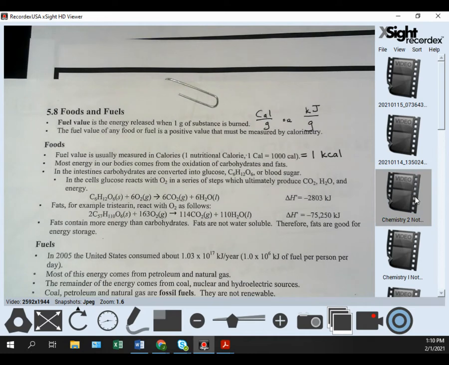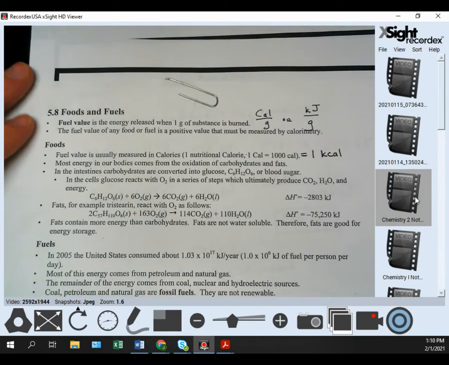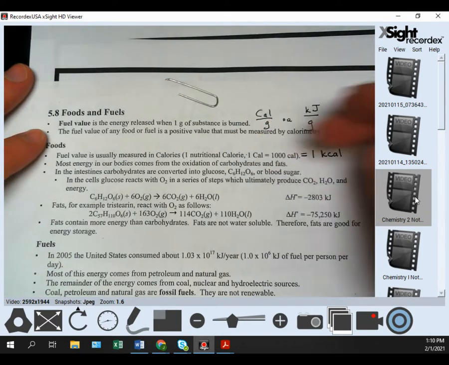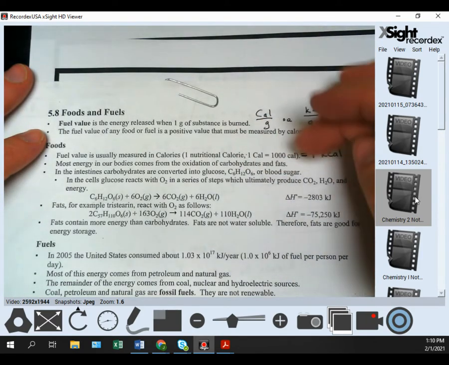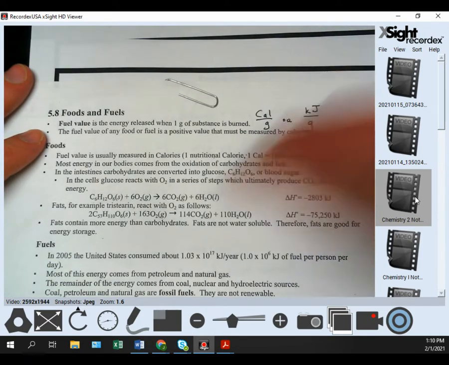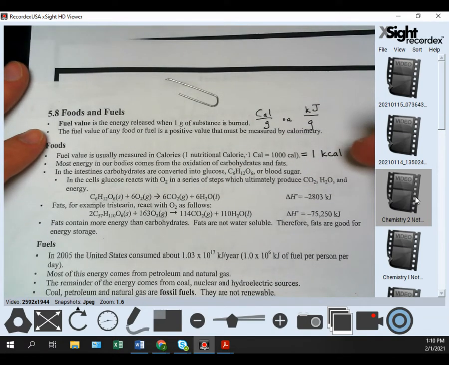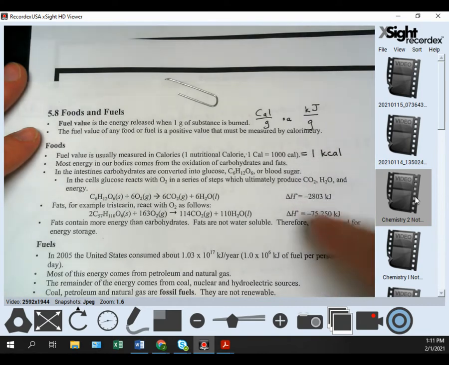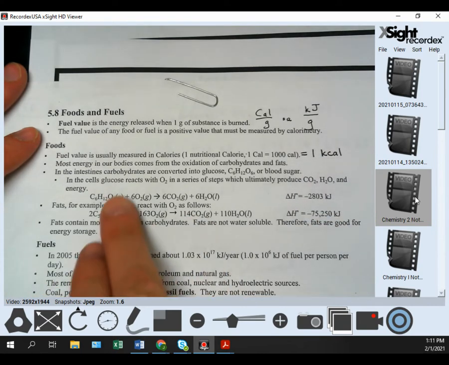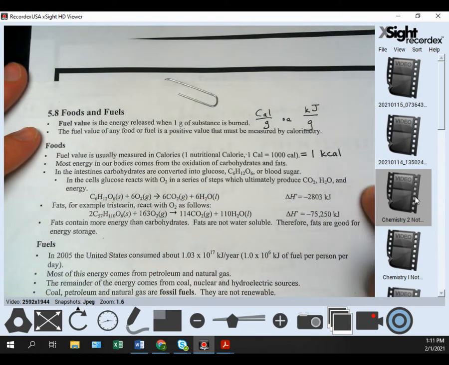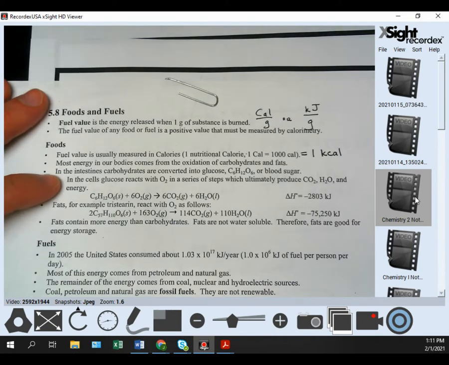Okay. So it talks about energy in our bodies coming from oxidation of carbohydrates and fats. You guys probably remember from biology, converting glucose into energy, which it says ultimately produces carbon dioxide, water, and energy.